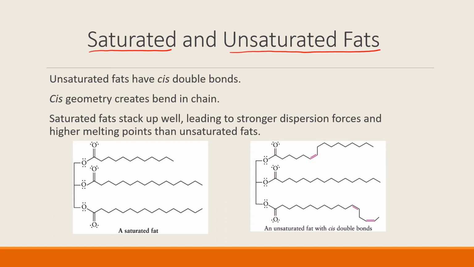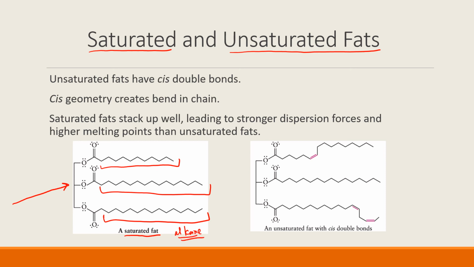A structure of a saturated fat is shown on the left hand side, and you can see that this molecule contains three long carbon-carbon chains, and in all of these three chains there is no double or triple bond present. So this kind of fat molecule is known as a saturated fat because all the carbon-carbon chains are alkane chains.